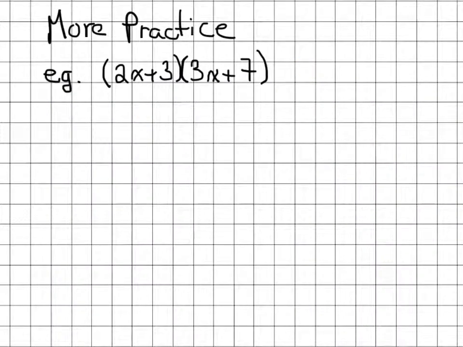All right, so let's do some more practice. So here's another one. I prefer the chart method because if there's a hole in your chart, you know you've missed something. So again, I'm going to make my chart, and I have 2x plus 3 and 3x plus 7.